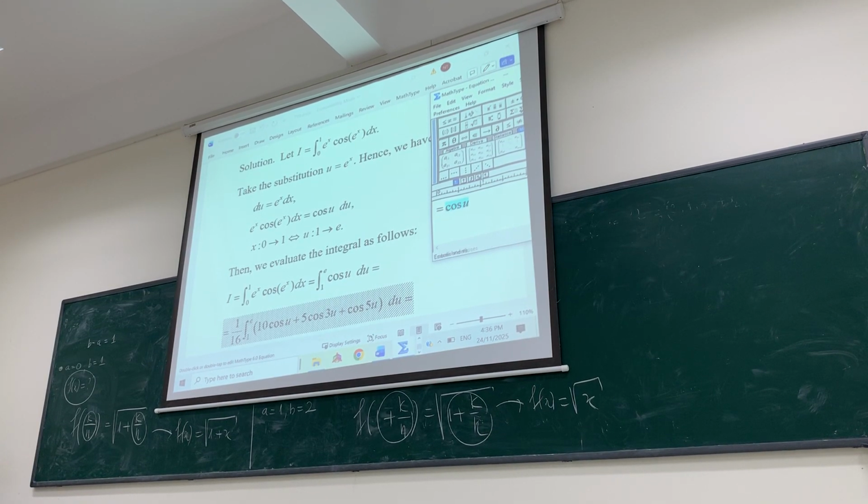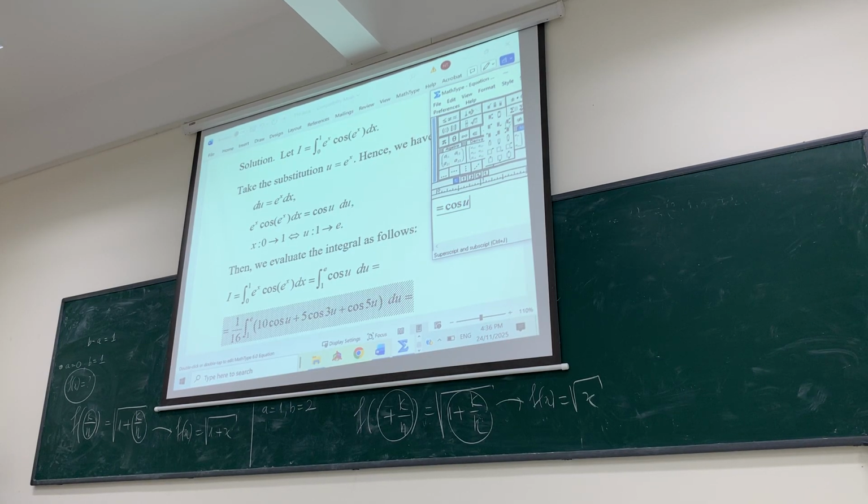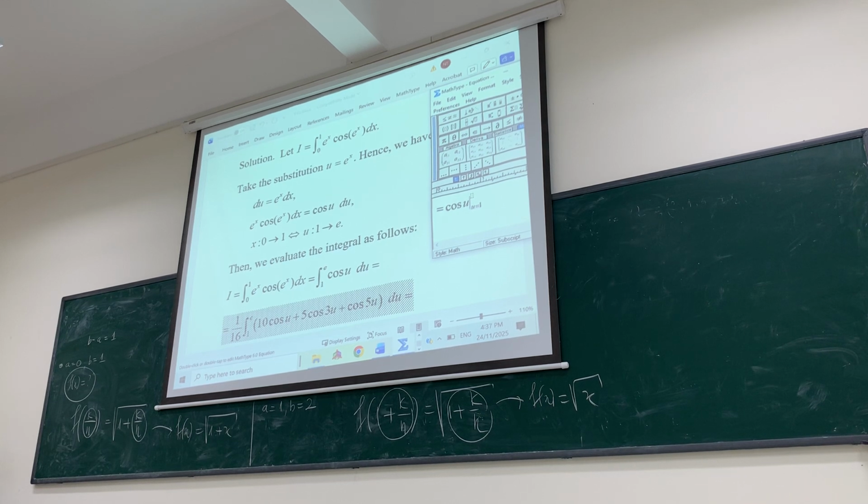Cosine u integrated from u equal 1 to u equal e.